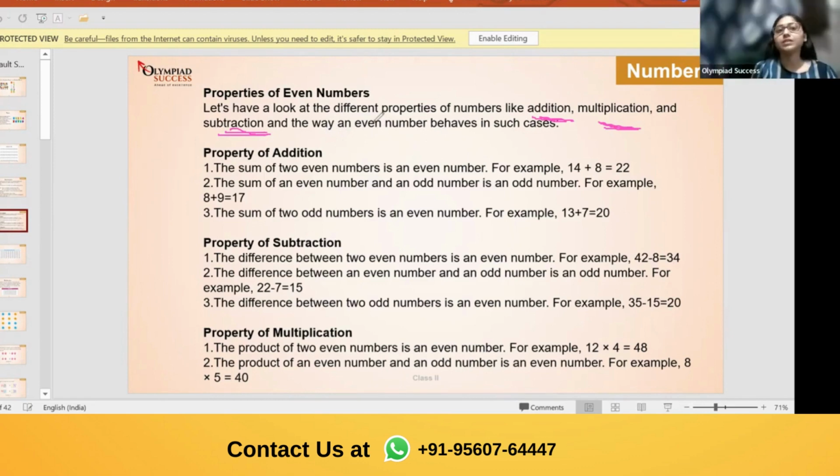Thank you. So properties of even numbers means, for example, addition, multiplication, and subtraction. So let's look at the property of addition.